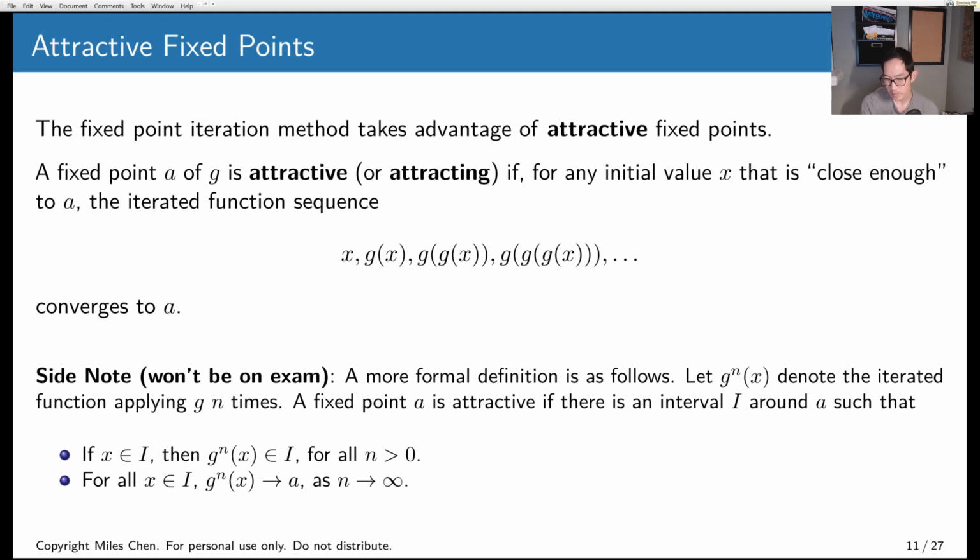A more formal definition of an attractive fixed point: we'll say g super n of x denotes applying the function g n times to x.